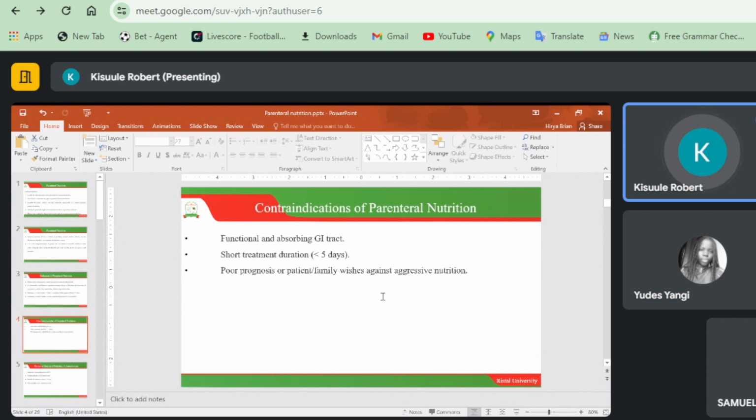Okay. And also poor prognosis or patients or family wishes against aggressive nutrition. Or some people, like I told you, might be a little more worried when it comes to an esophageal tube, but people are not very worried when it comes to being put on intravenous fluids. Okay, so what do we do here in this case?